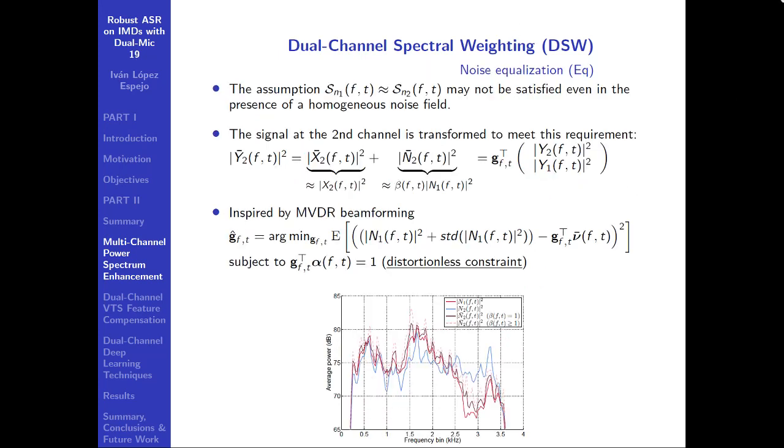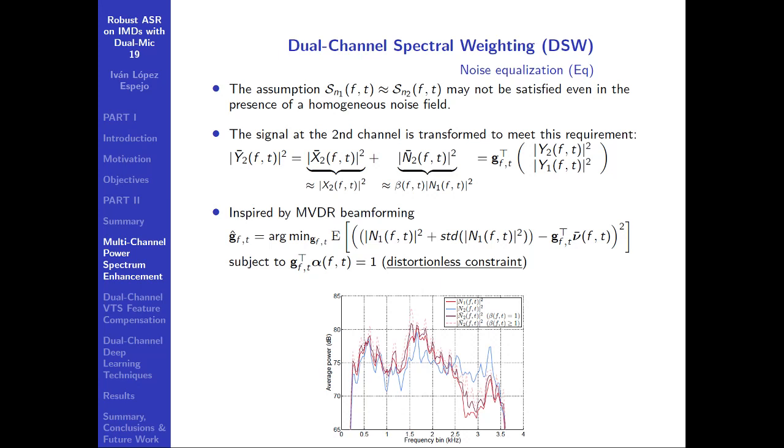So far we have assumed that both microphones observe similar noise power spectral densities. However, the noise homogeneity property can be altered by different external factors, for example, if we compute a virtual primary channel, or if we have different microphones with different characteristics. So we designed a noise equalization procedure to force the homogeneity assumption to be true.